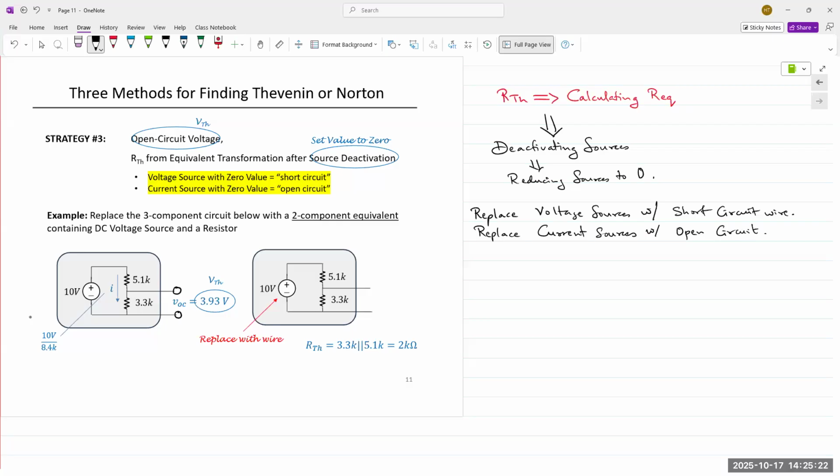And we replace a current source with an open circuit. And I will draw out and illustrate. So let's say in a circuit, we have this. We have a voltage source connected between 2 points.